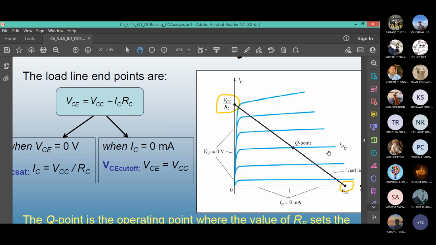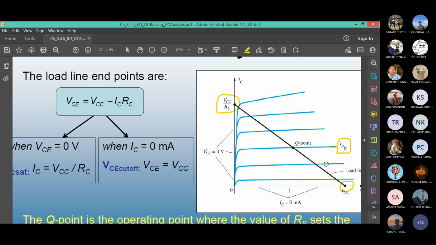Now, what is IB? Why did we take this point? IB we analyzed from the beginning using the equation VCC minus VBE divided by RB. Let's say you find IB at this point. We call it IBQ, the base current at the operating point.